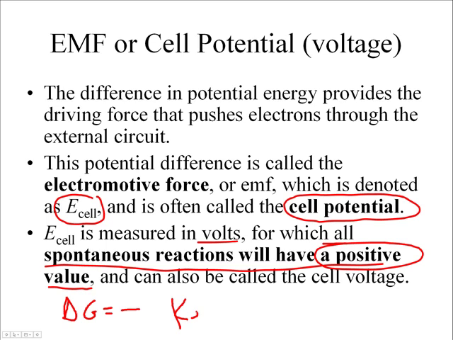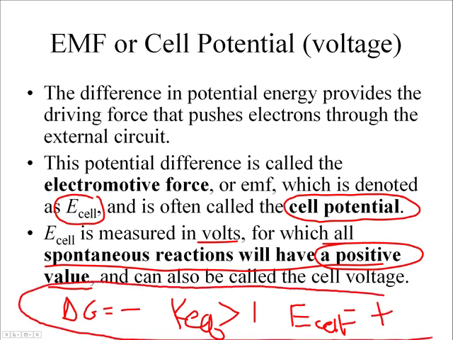We know that Keq is greater than 1. And we also now know that in spontaneous reactions, E of the cell is equal to a positive value. All three of those things tell you the same thing, that the reaction spontaneously goes in the forward direction.